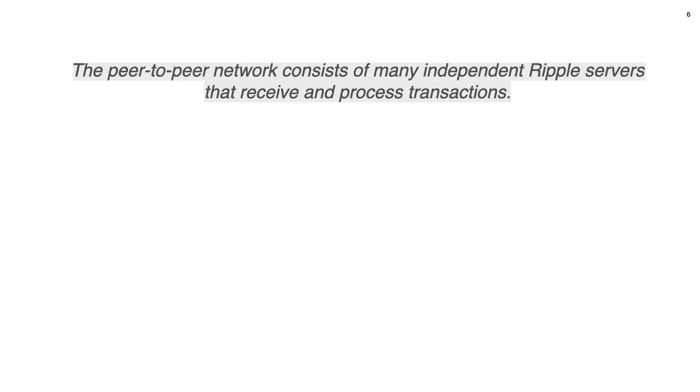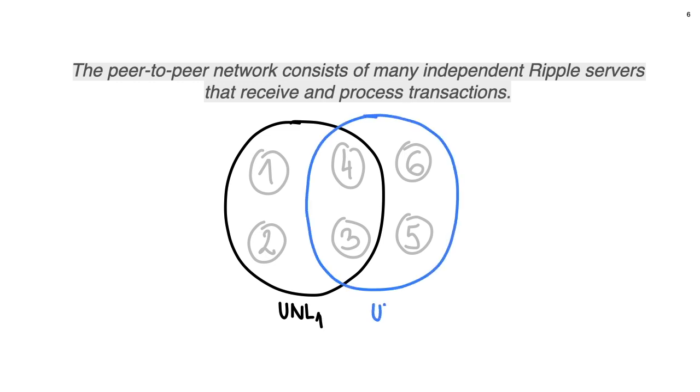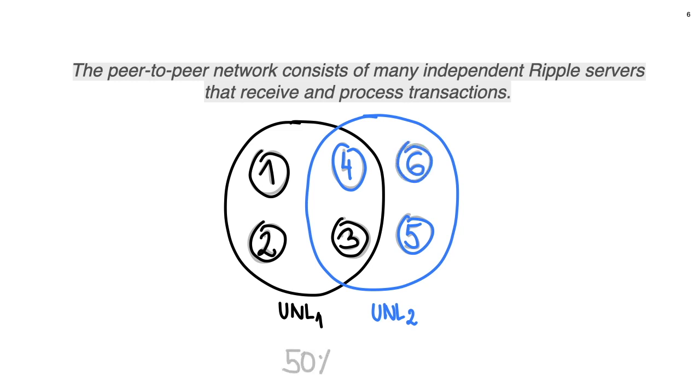Here I want to show you an example where we have 6 nodes in the Ripple network, and the first 4 nodes are in UNL 1 and the last 4 nodes are in UNL 2. Nodes 1, 2 and 3 trust UNL 1 and nodes 4, 5 and 6 trust UNL 2. The overlap between the two UNLs is 50%.